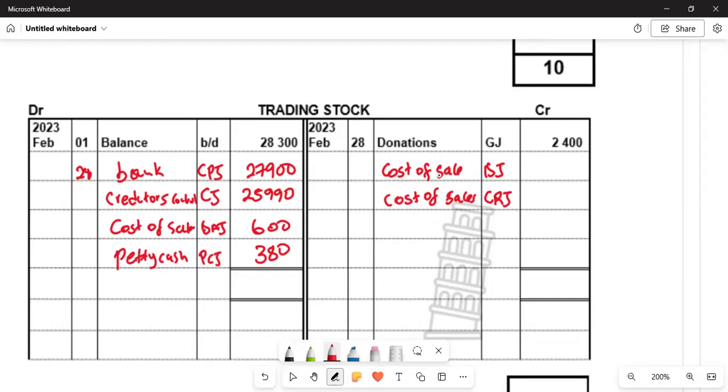The difference is that this one was sold on credit, this one was sold on cash. The one sold on credit is 6,400. The one sold for cash is 22,000.